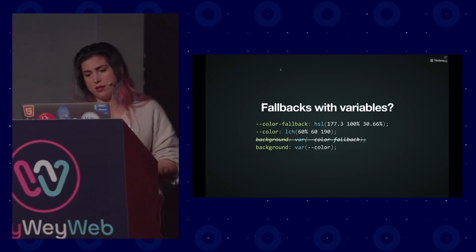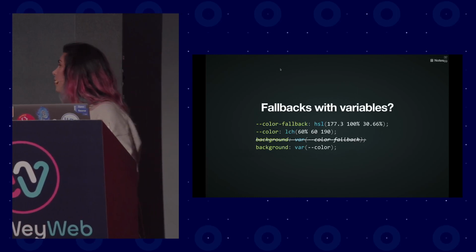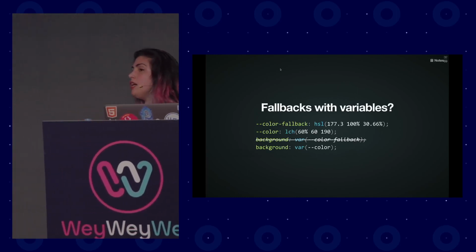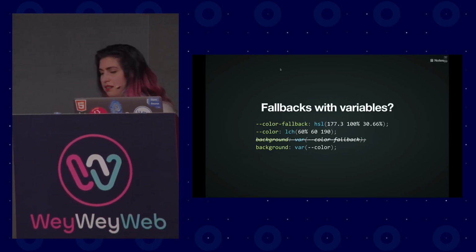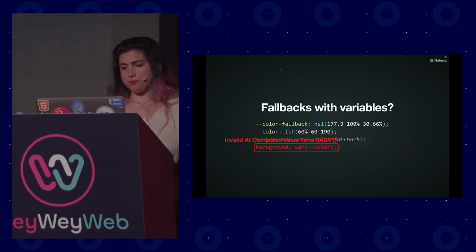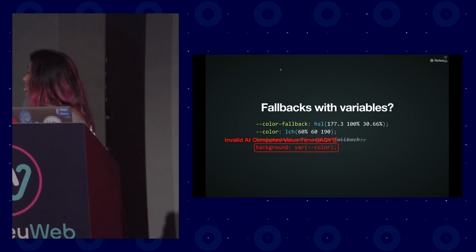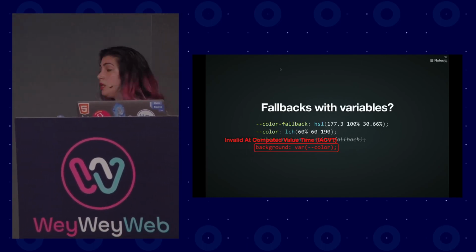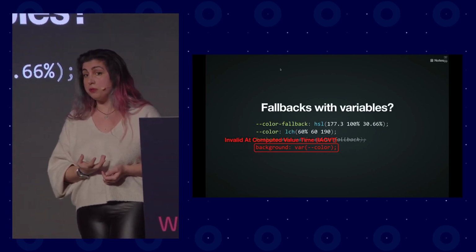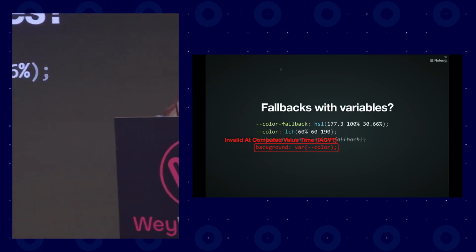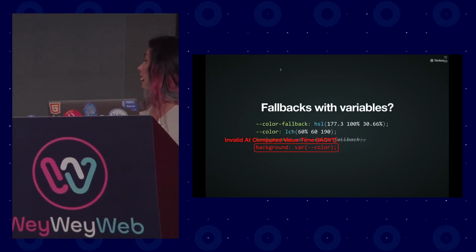So at computed value time, where everything is substituted, that's the time when the browser realizes that, hey, I can't actually use this. So what does it do? It declares that this is invalid at computed value time, which is a concept we needed to invent to make CSS variables possible. And how does it treat invalid at computed value time declarations?